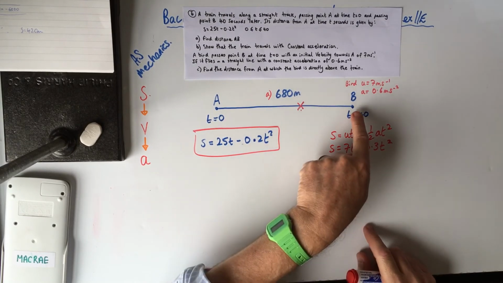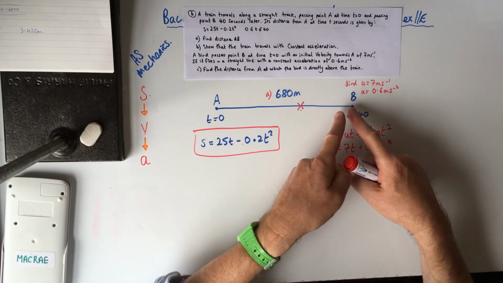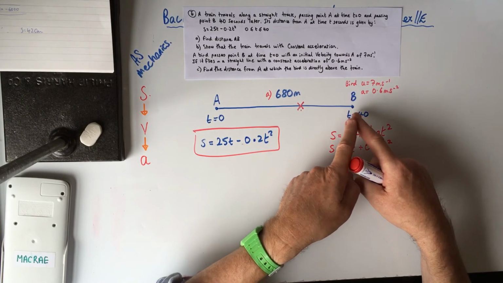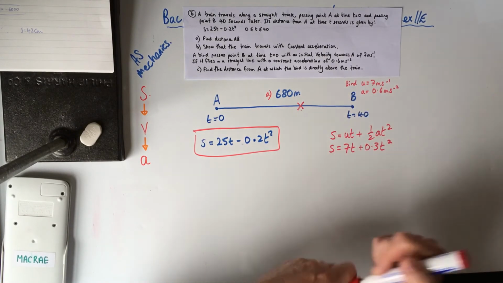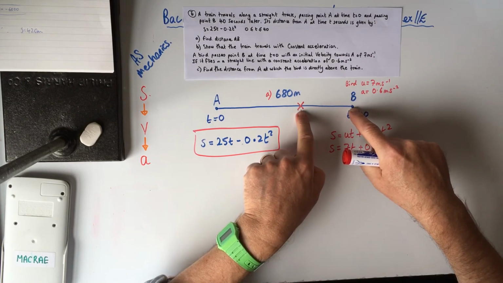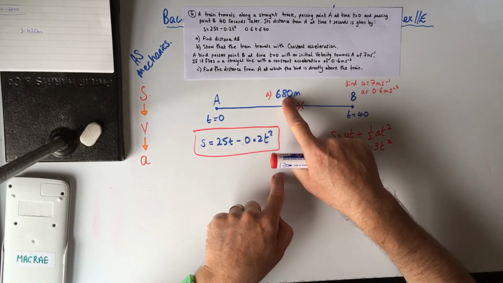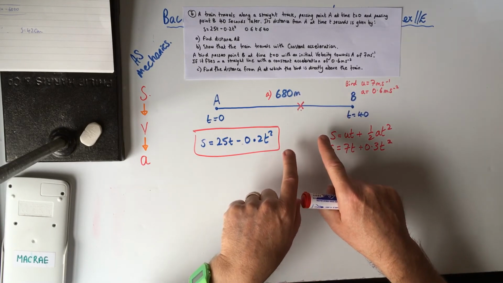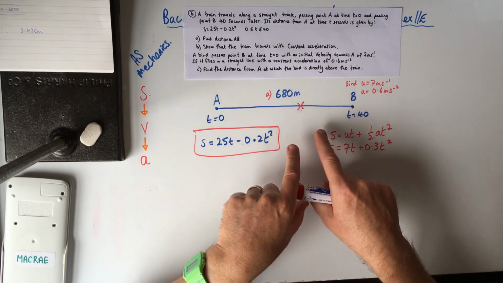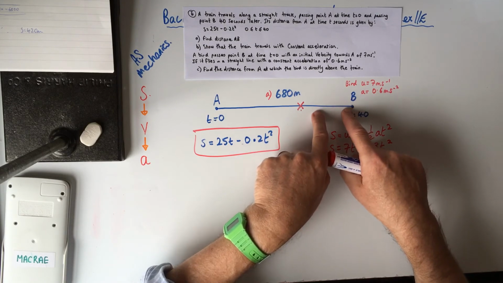But we don't want this distance. Well, we do want this distance, but we want it described from A. And this distance here, of course, is 680 meters minus this figure here, isn't it?